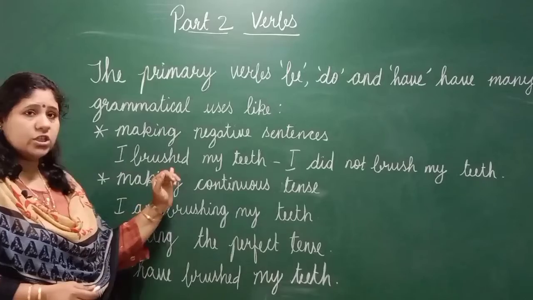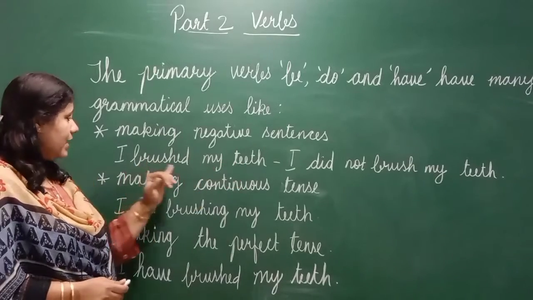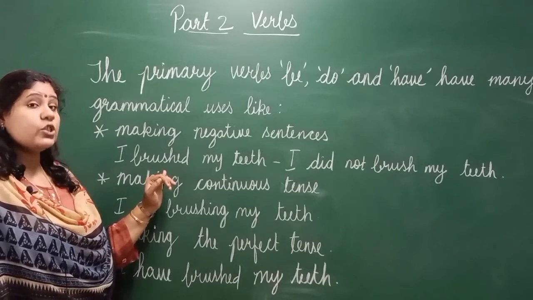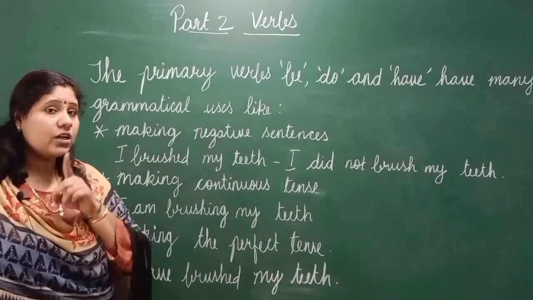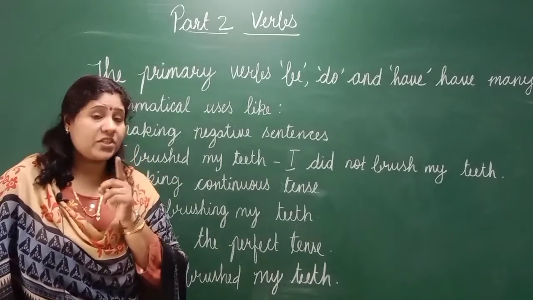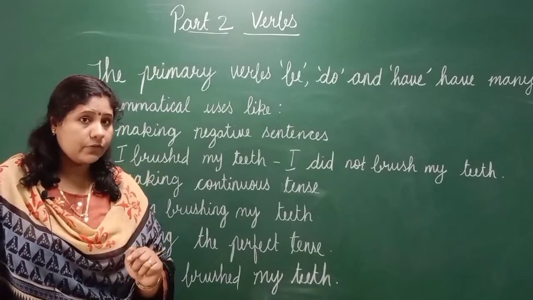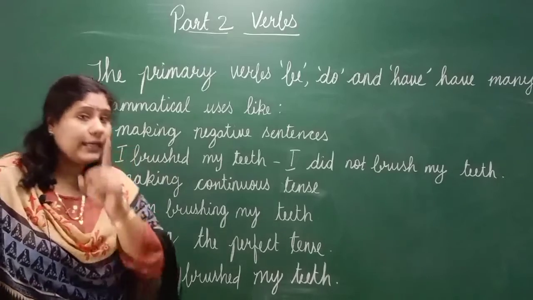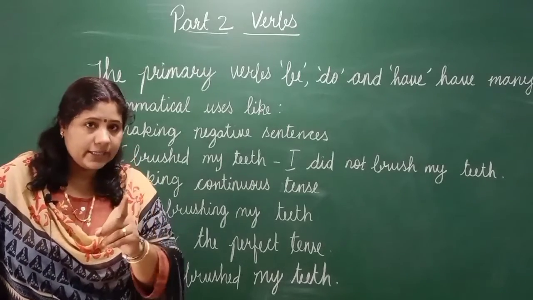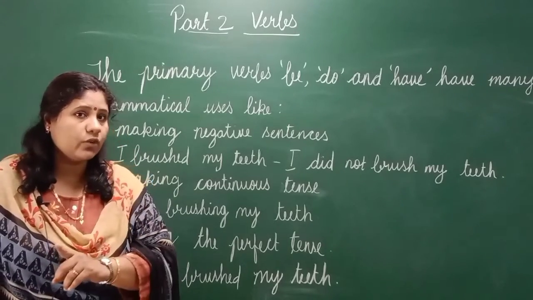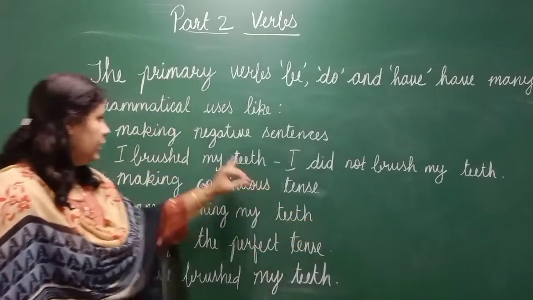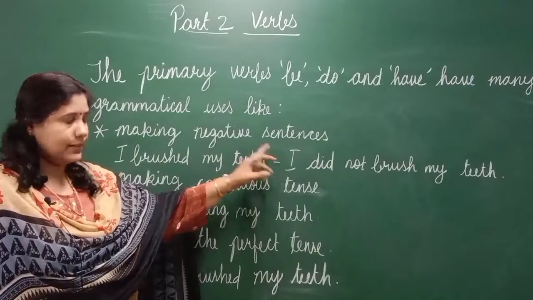I brushed my teeth. Past tense. Children, if you see, there is no helping verb, no auxiliary verb. We learned this in chapter 3, questions. When there is no helping verb, you should add what? If it is past tense, did. When you add did, then use the base form of the verb. So, I did not brush my teeth. You have to form negative sentences.